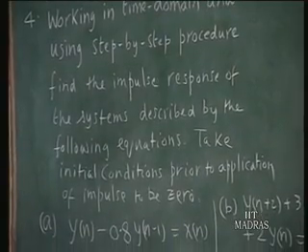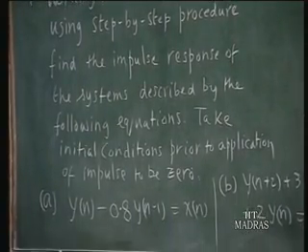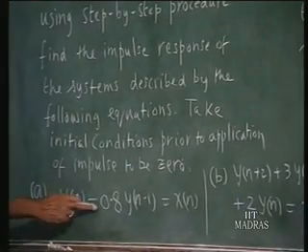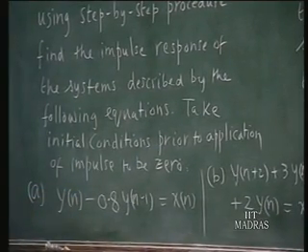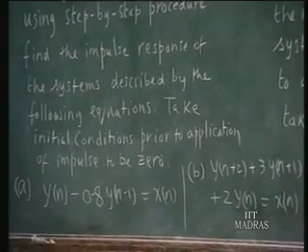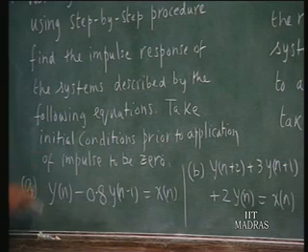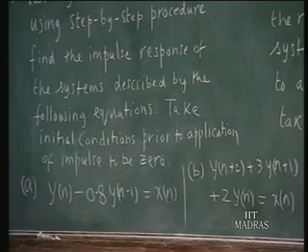So, you take the output yn to be 0 for n less than 0. The two equations are yn minus 0.8 yn minus 1 equals xn. According to usual convention, xn is the input and yn is the output. You have to take xn to be the impulse in this case. Work out the iterative procedure and find out the solution for yn.